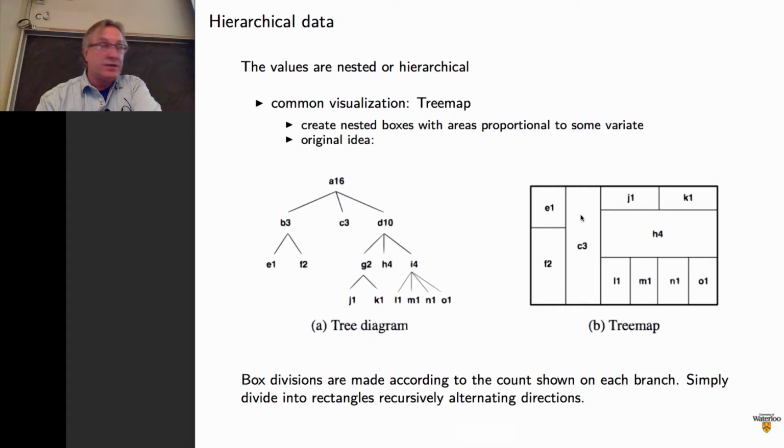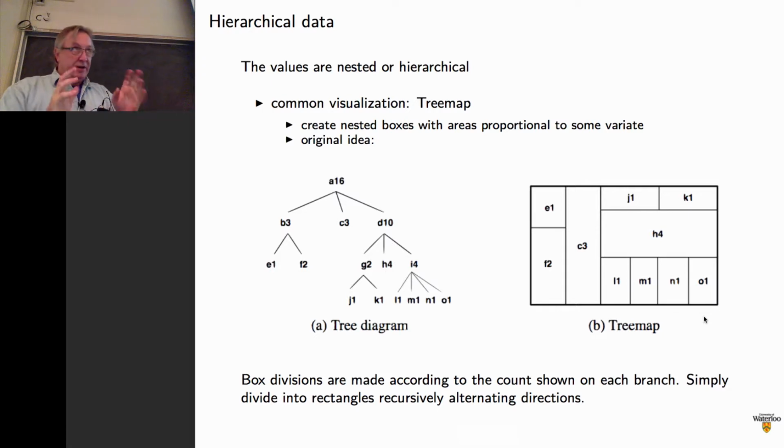C has no children. D now has 3, so it gets that group, and that group. 3 cuts. This leftmost group gets cut into 2. Middle group has no children. The last group gets cut into 4. And hopefully the areas of all of those rectangles are proportional to the counts.